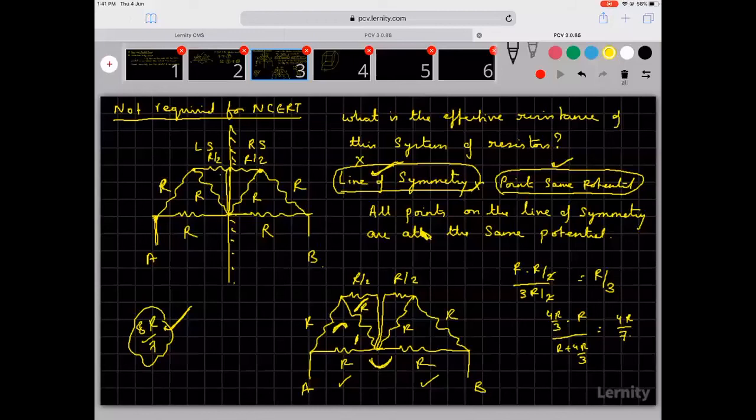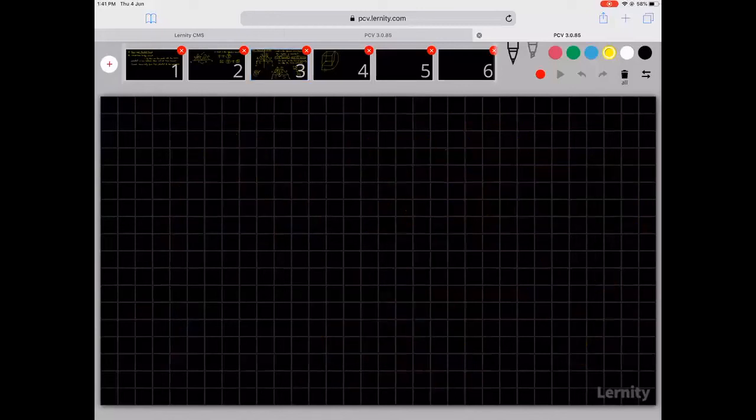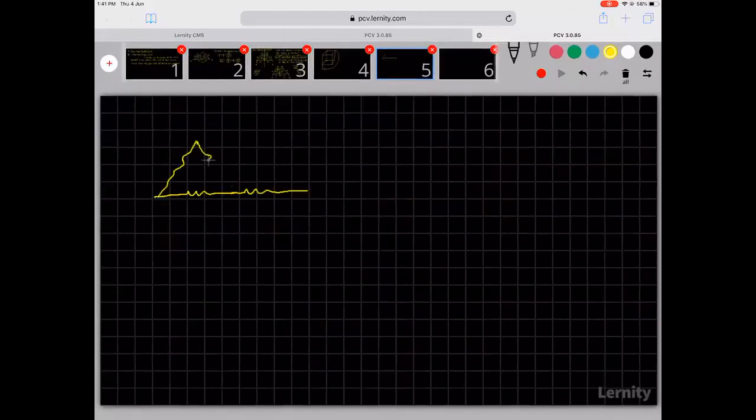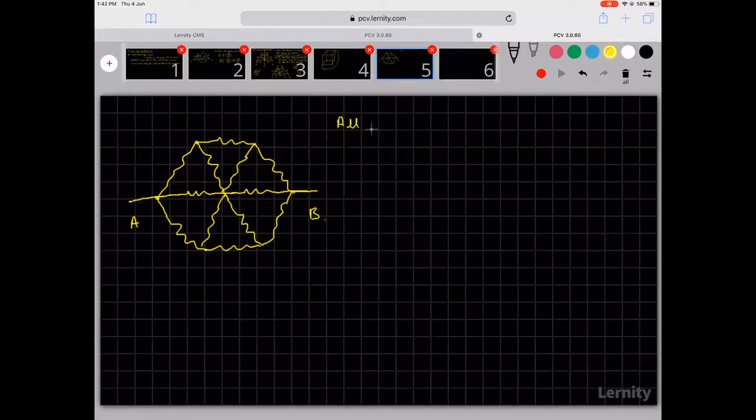Okay, so once this is understood, here is another question for you. All resistors are R. Find the effective resistance.